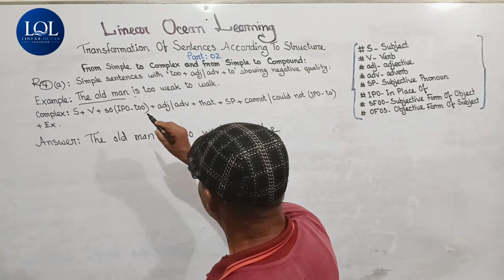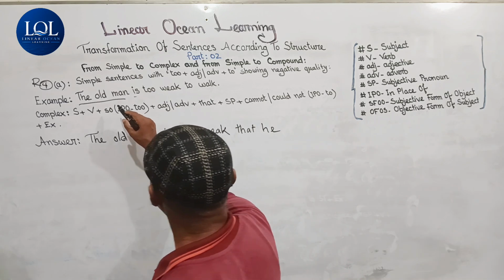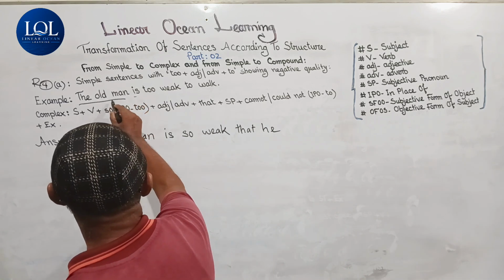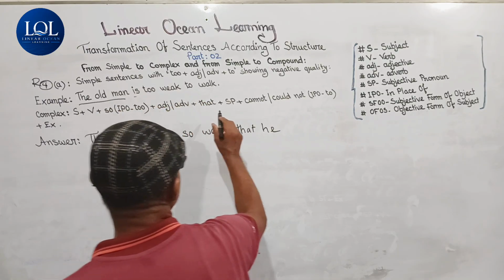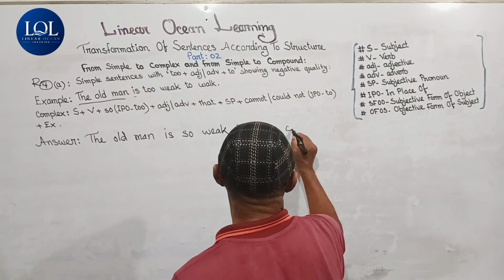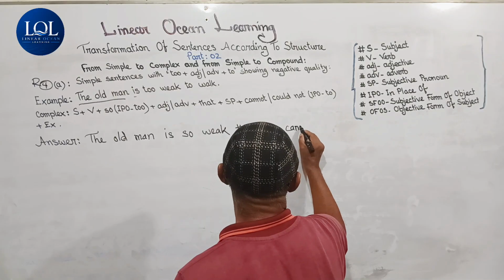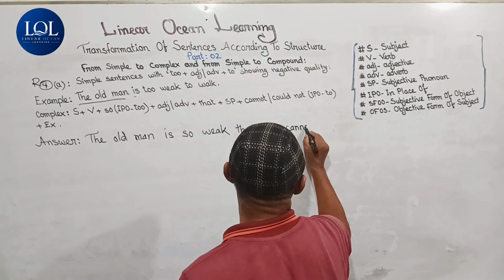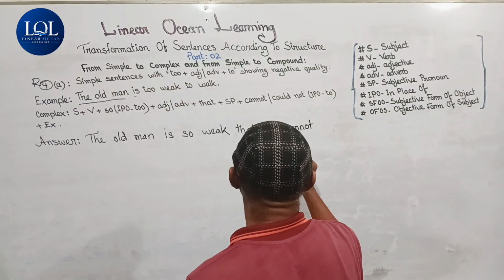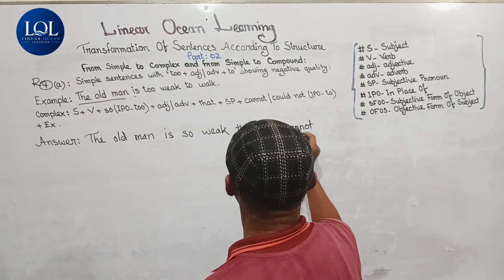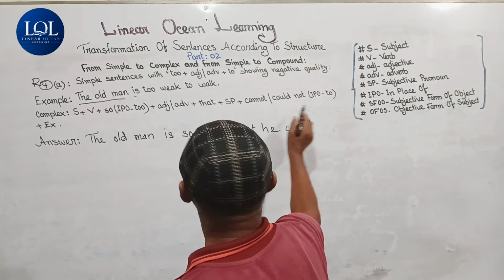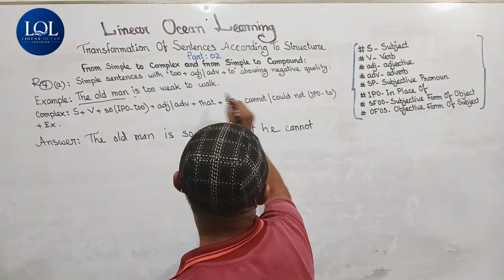Why "cannot" or "could not"? If the sentence is in present indefinite tense, so long as "the old man is too weak to walk" is in present indefinite tense, then it will be "cannot". If it were in the past, it would be "could not". The old man is so weak that he cannot, plus extension.